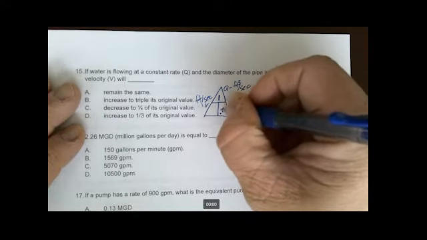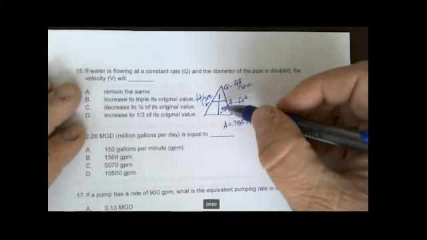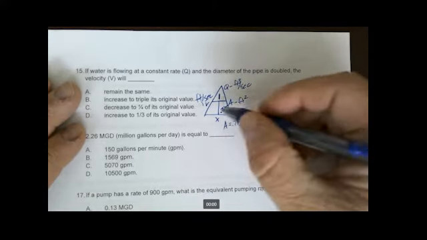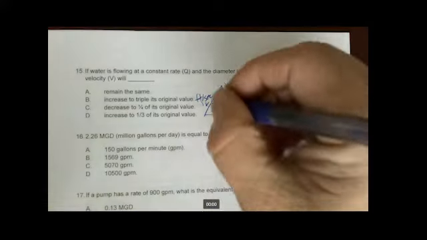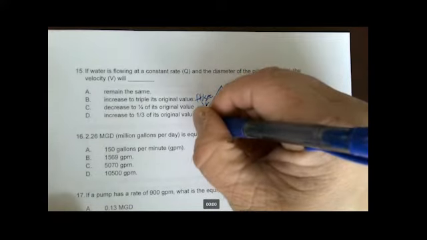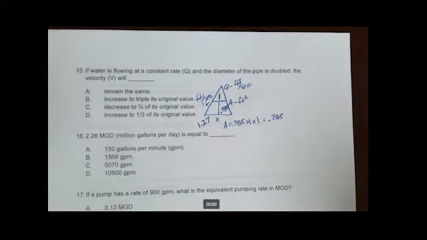So I put my 0.785 in here. When they're top and bottom, you divide, and when they're across from each other, you multiply, okay? So let's divide the 1 for our flow rate by the 0.785 area, and we get a velocity of 1.27 feet per second.